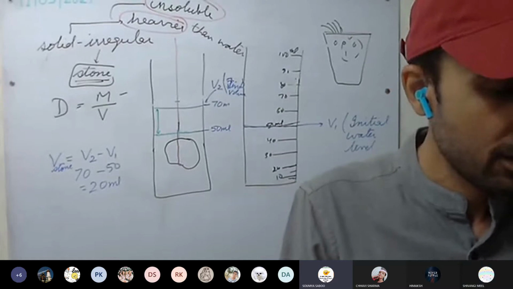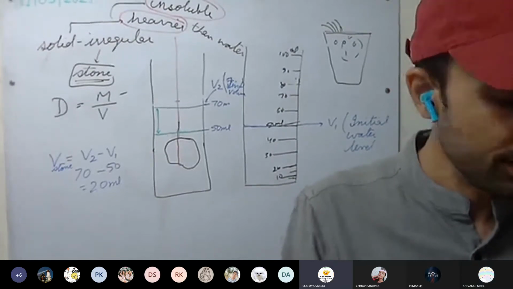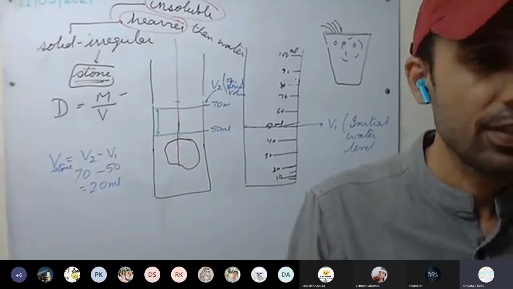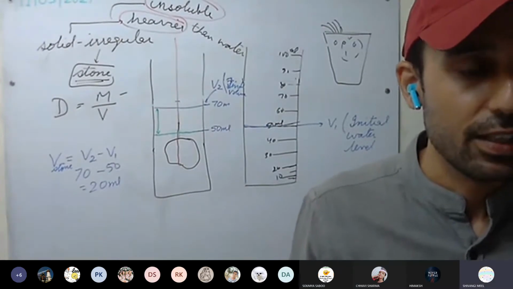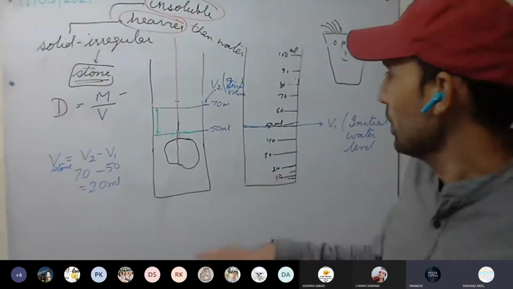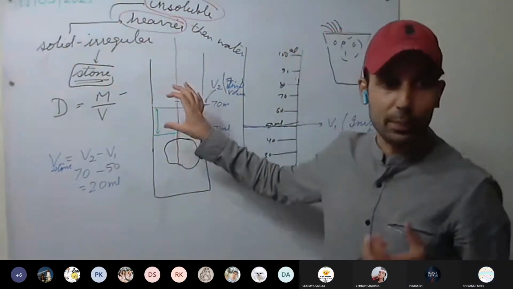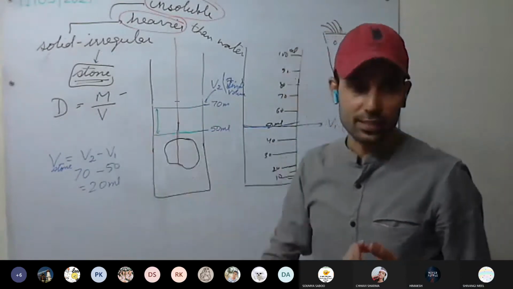Sir, if we use oil, oil we can use for some solids. If we use oil, it has more density. So will it affect the volume of the stone? See here how it is going to affect the volume. The amount of displaced volume will be the same as the volume. We are calculating volume only. We are not discussing density.